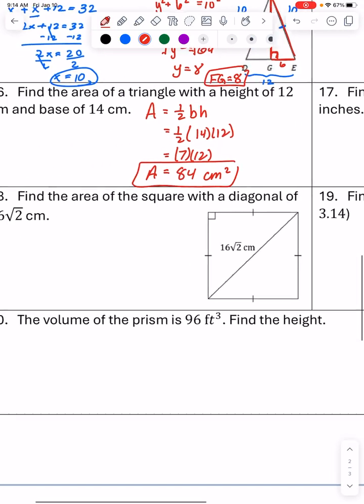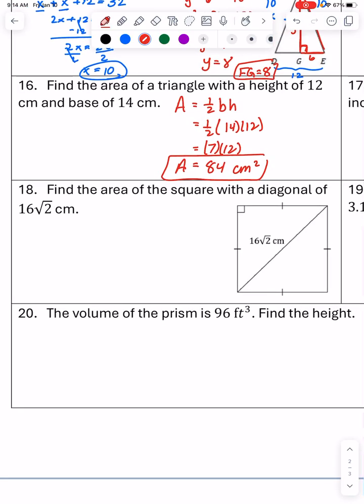Right? Find the area of a square with a diagonal of 16 square root of 2. So with a square, we have a couple options. We can say the area is, again, the length times the width, right? Or side times side, right? But we don't actually know what the sides are. The other option is to say the area is 1/2 times diagonal 1 times diagonal 2.